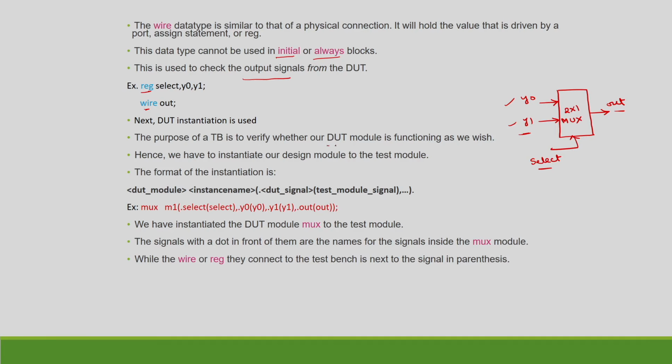So, we know that the purpose of the test bench is to verify whether the designed DUT is functioning properly or not. So, we have to instantiate our design onto the test module. This will be clear if I give some example.